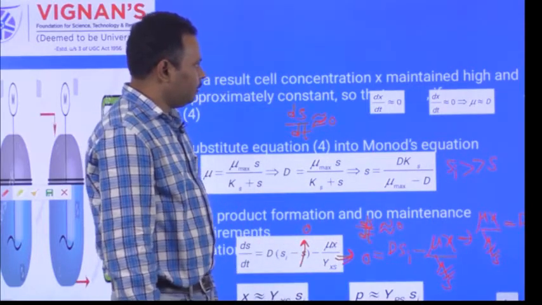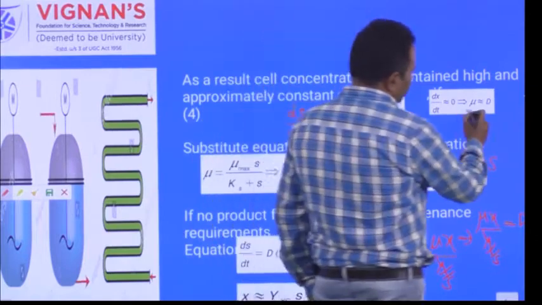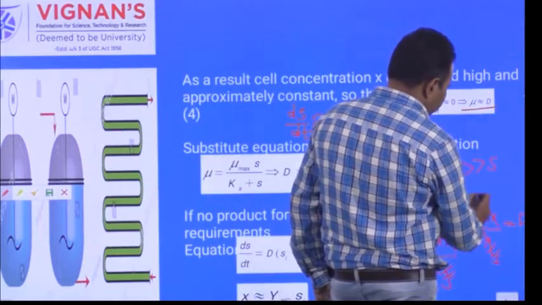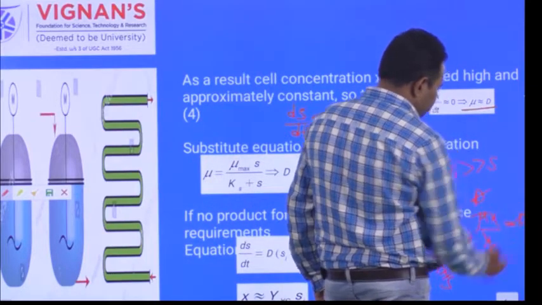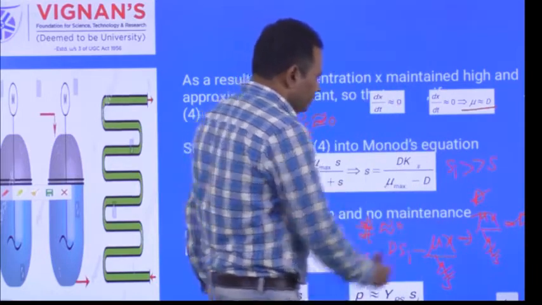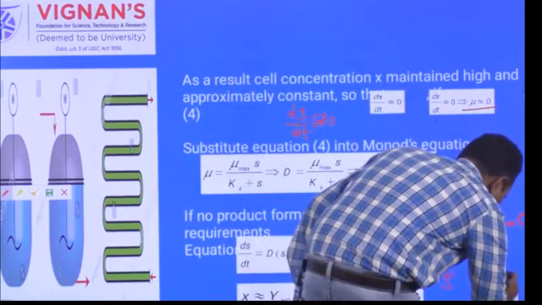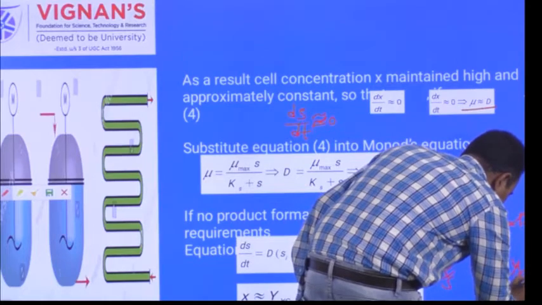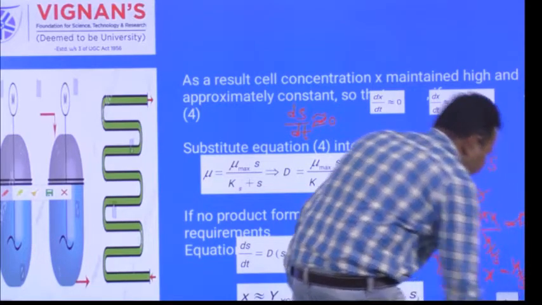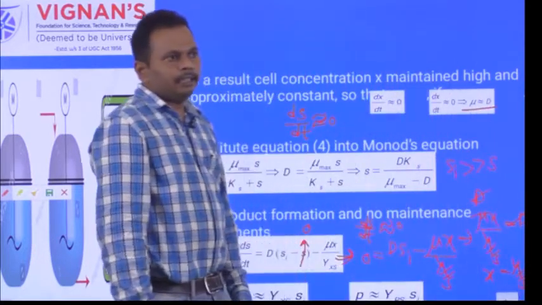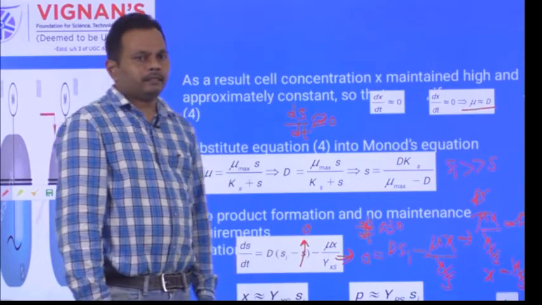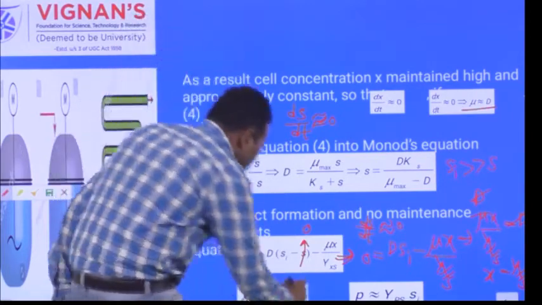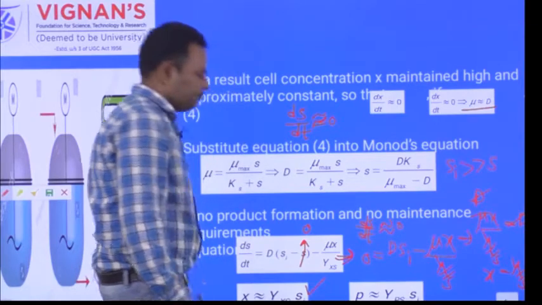From equation 4, what is mu? Mu is equal to D. Here also in place of mu is equal to D, D becomes cancelled. From this, you can write X is equal to Yx/S into Si. This is the cell concentration within the fed batch fermenter as a function of time. So X is equal to Yx/S into Si.